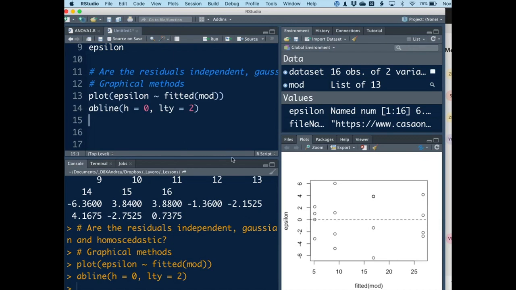So what do we see here? This is the mean of residuals. And we have the groups here. So this is the first group, the group with the smallest weight. That was the mixture, if you remember well.